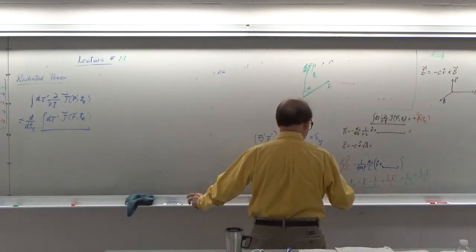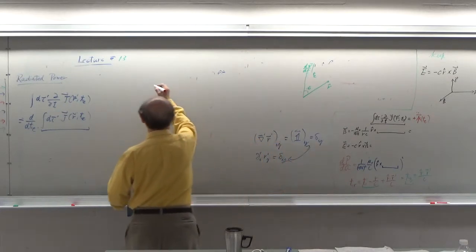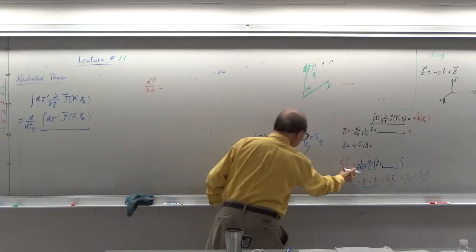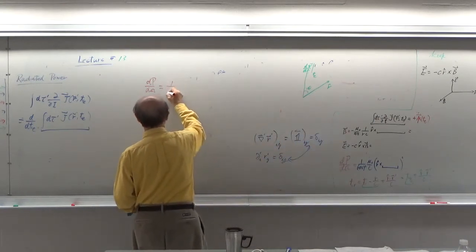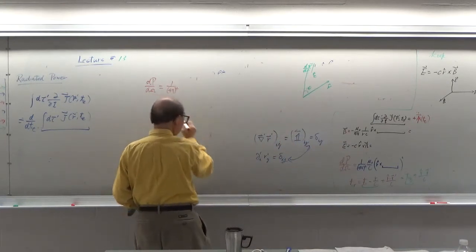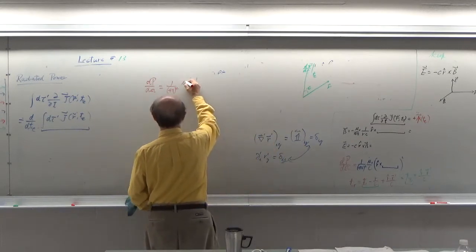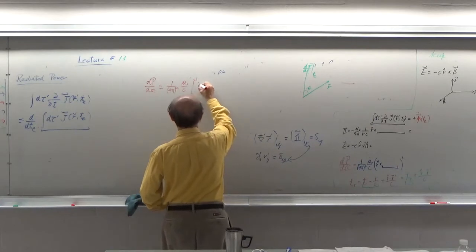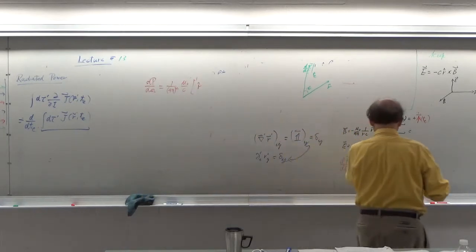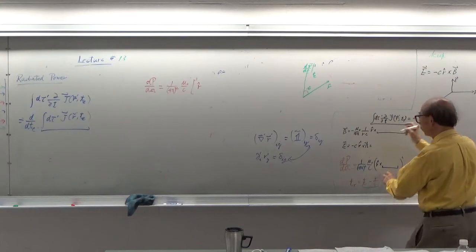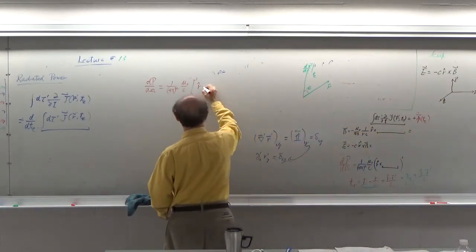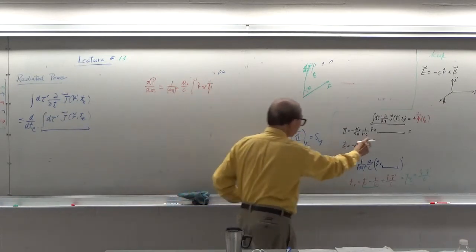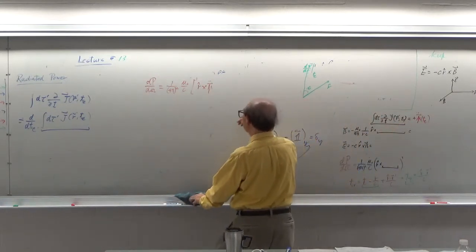So dP by d omega is equal to 1 over 4 pi squared, mu naught over c, times the square of r hat cross P double dot, understood to be evaluated at the emission time.